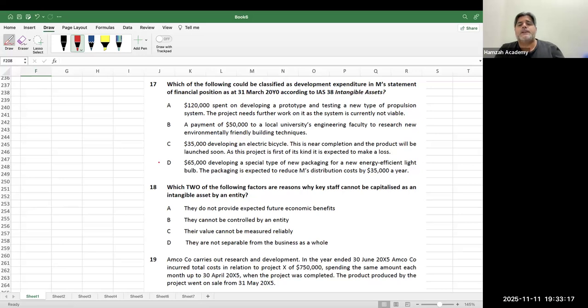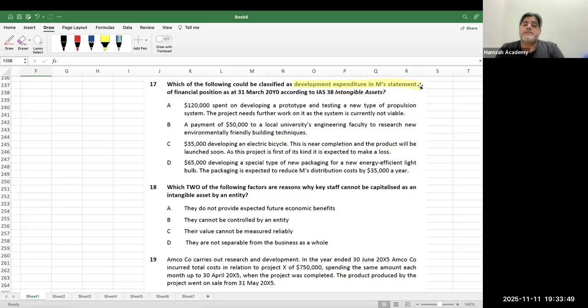Which of the following could be classified as a development expenditure? 120,000 spent on developing a prototype and testing a new type of propulsion system. The project needs further work on it as the system is currently not viable. No, you are still in the research. It cannot be capitalized. A payment of 50,000 to a local university engineering faculty to research new environmentally friendly building techniques. No, it's research.